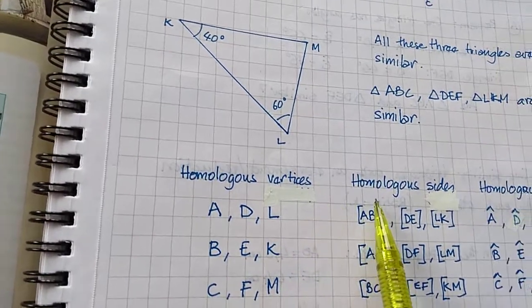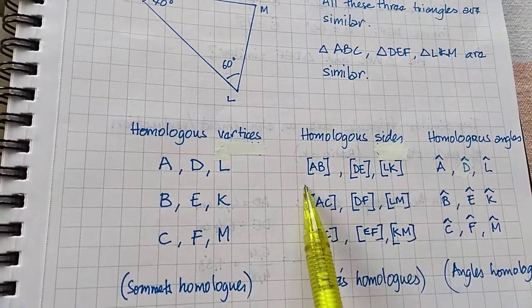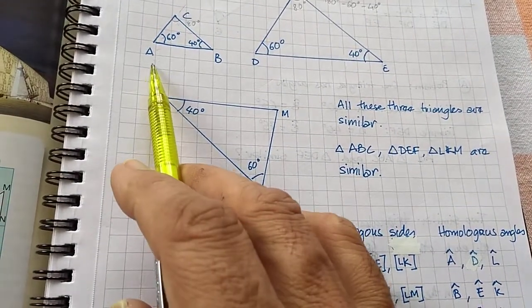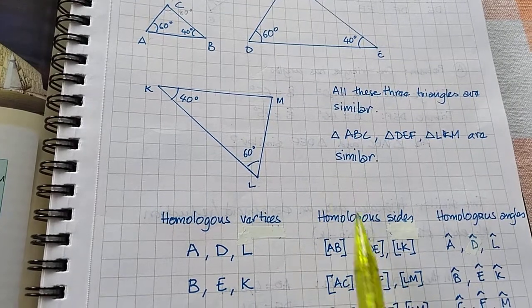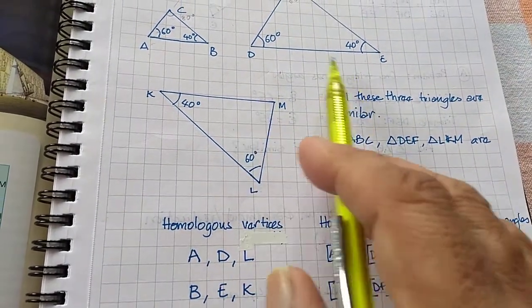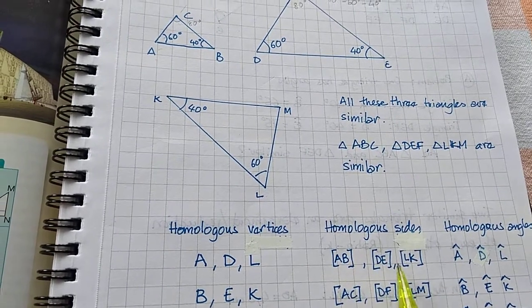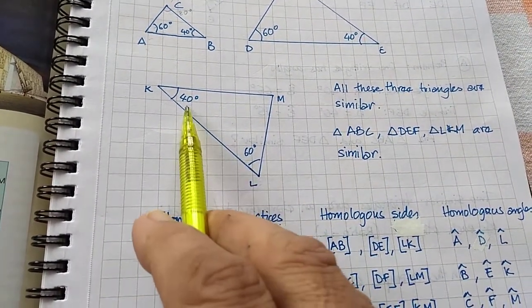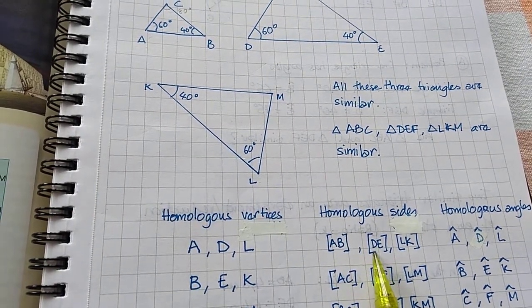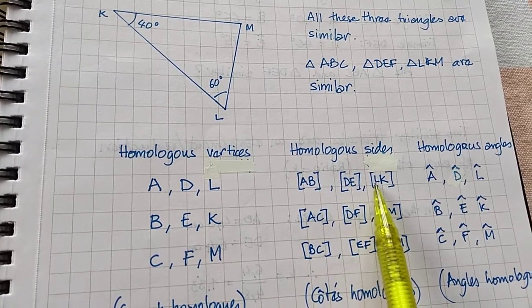Similarly, you can have sides. So homologous sides: AB, one side is 60 degrees, one side is 40 degrees, is homologous to DE, one side is 60 degrees, one side is 40 degrees, is homologous to LK, and these you have to write as segments, so you have to put the square brackets around them.